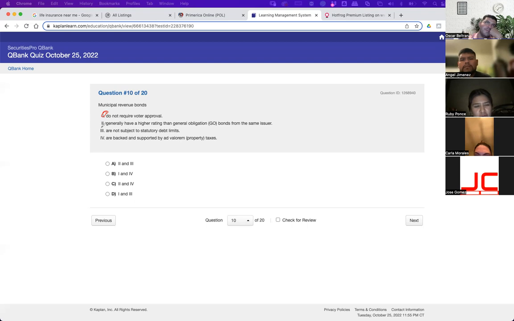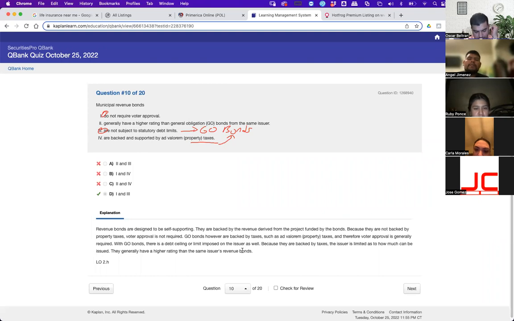Oh, it's true. This only applies to general obligation bonds, because they require voter approval. And this right here is not true for property taxes. So shouldn't it be 2 and 3, not 1 and 3? It should be 1 and 3. You don't think it's 1 and 3? Oh wait, you're right. Never mind, I was reading that wrong. So 1 and 3. There it is.